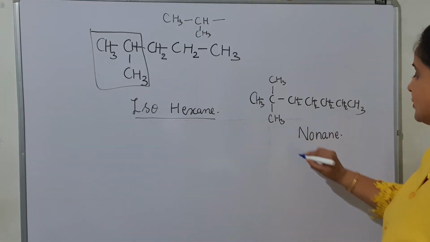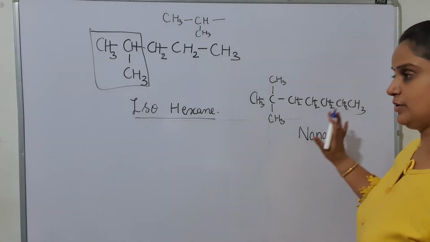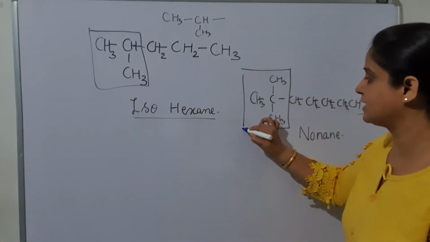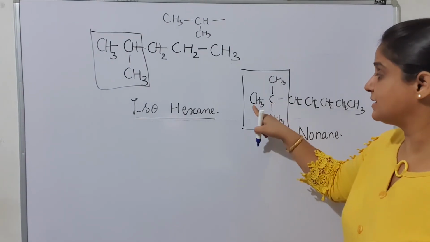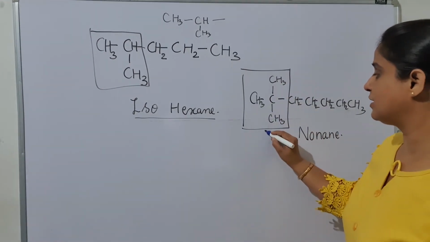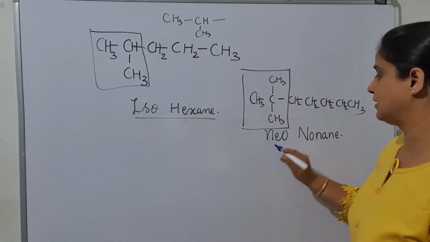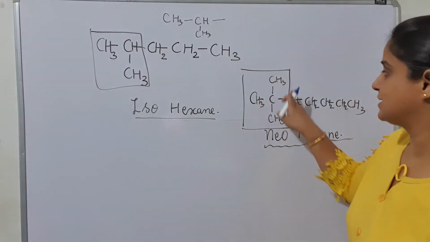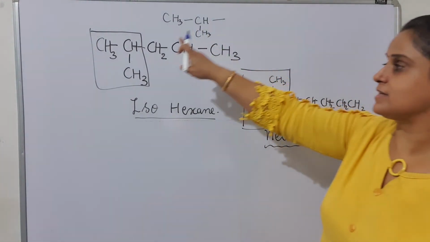Just because it is having 9 carbons, it is nonane. Just because 2 methyl groups are attached at the second carbon, this is called neononane. So neo group is this, and this is iso group.